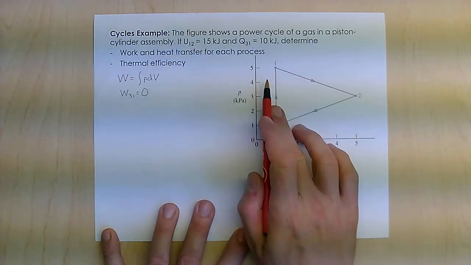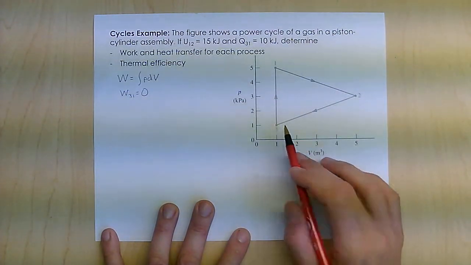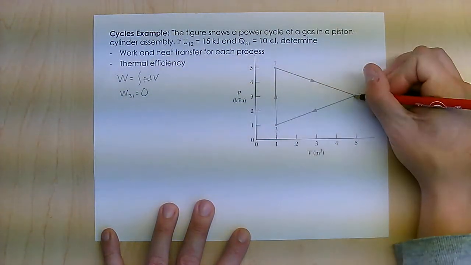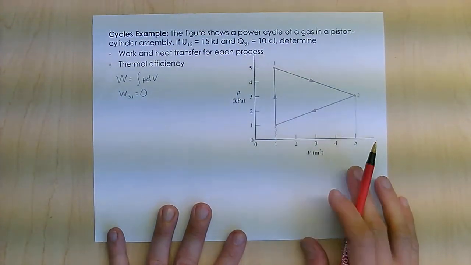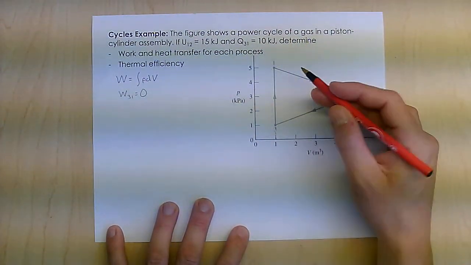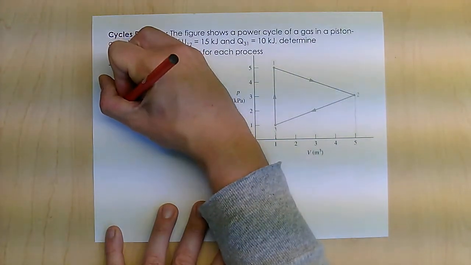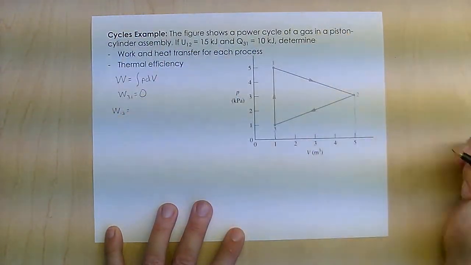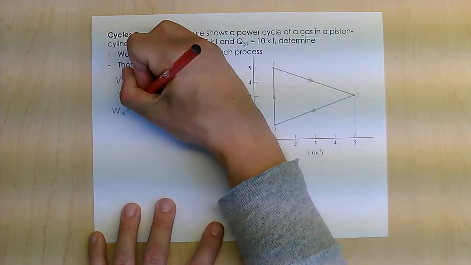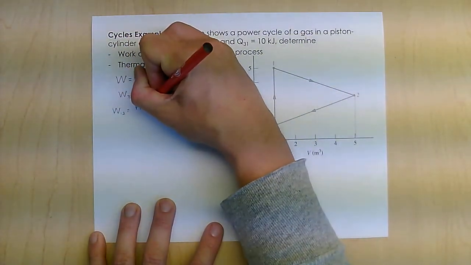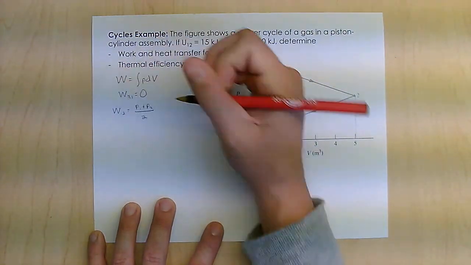And then I recognize that 1 to 2 and 2 to 3, if I think about it, are just a couple of trapezoids. So let's start with 1 to 2. Work of 1 to 2 is just the area of a trapezoid, which, for those that don't know, is P1 plus P2 over 2.